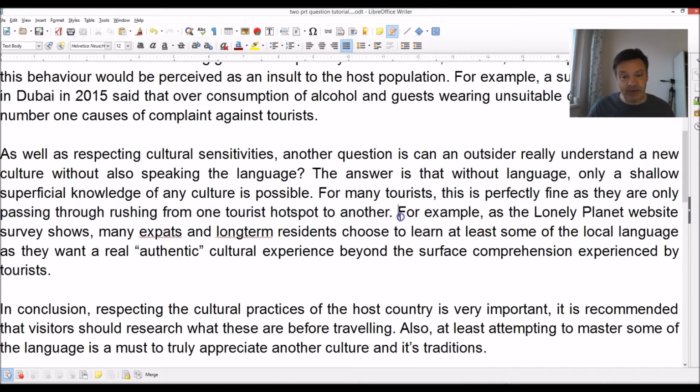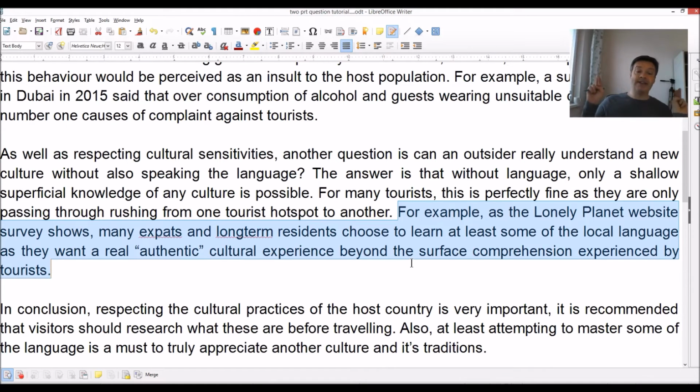A made-up example. For example, as The Lonely Planet, which is, if you don't know, a well-known series of guidebooks, website survey shows many expats and long-term residents choose to learn at least somewhat of a local language as they want a real, authentic cultural experience beyond the surface comprehension experienced by tourists. So, that basically answers that one.